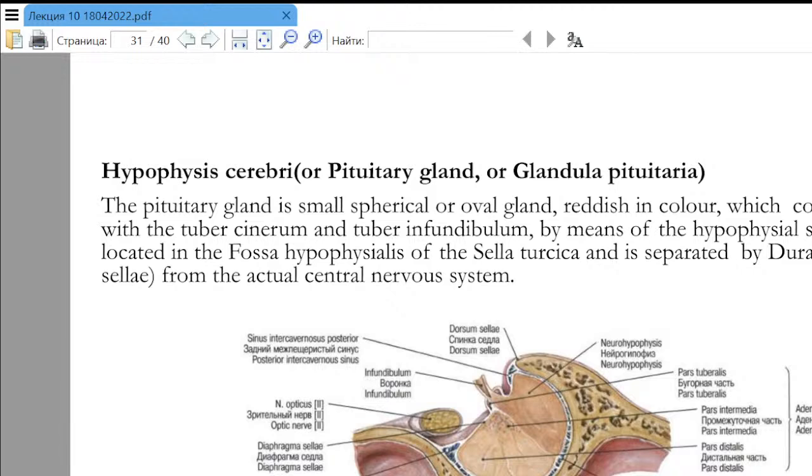Next glands, hypophysis cerebri or glandula pituitaria.